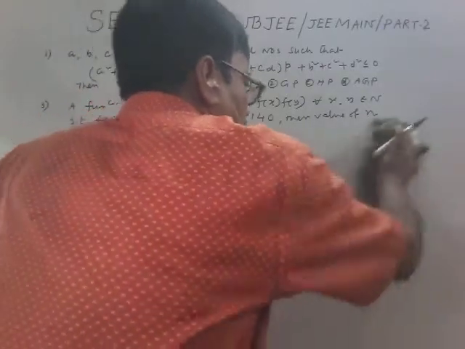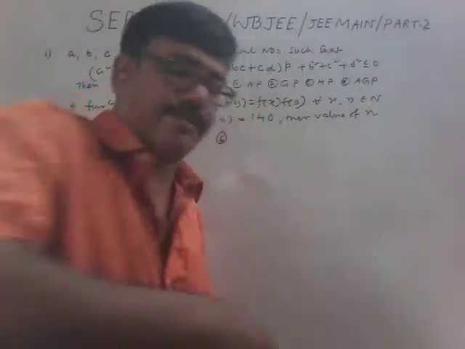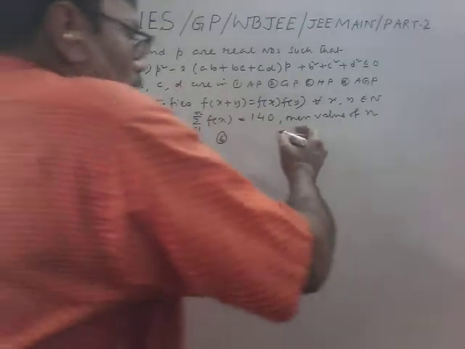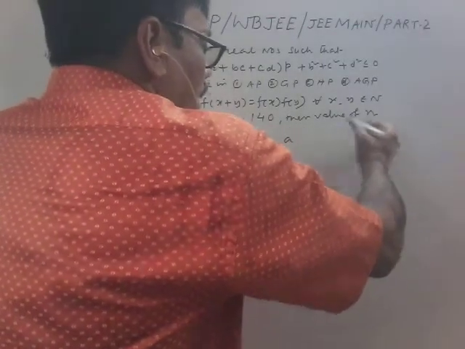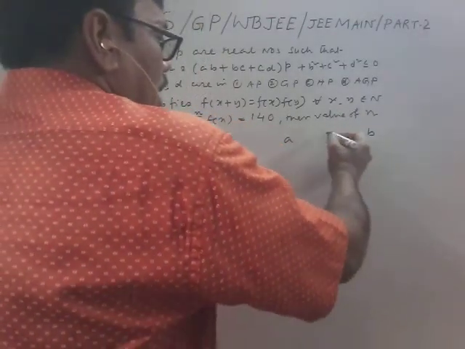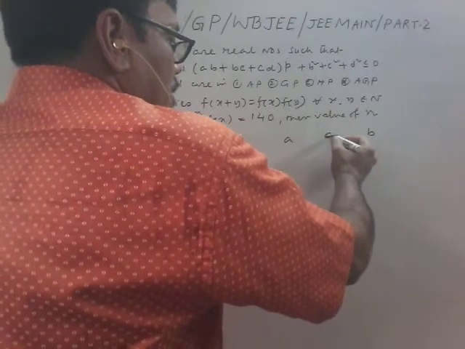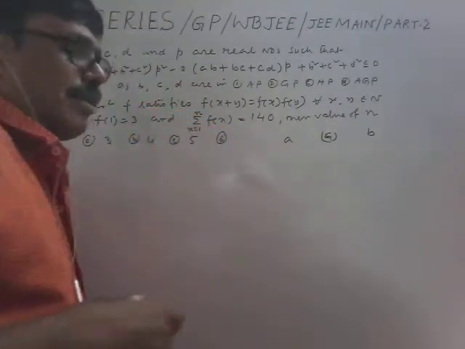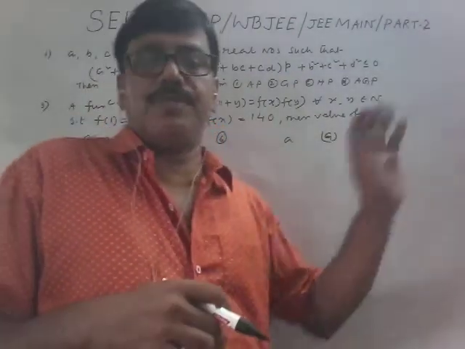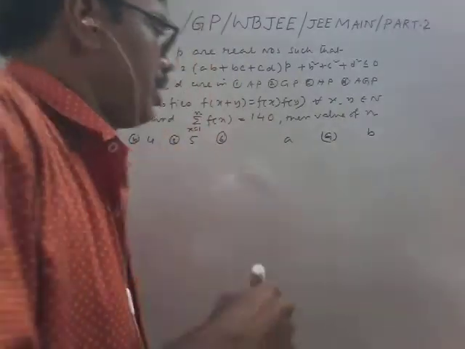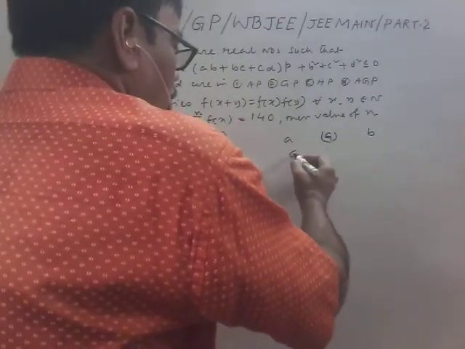Next, geometric mean. A and B are two numbers, and if G is the geometric mean, then A, G, B are in GP. So what are we getting?